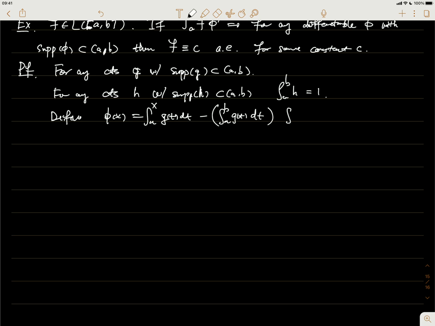And then also have the integral from a to x of h(t) dt. So these two are functions of x, and this one is a constant. Okay, so that's my function phi.